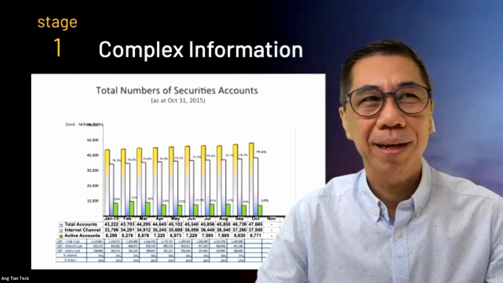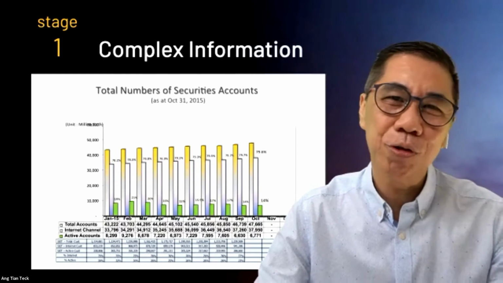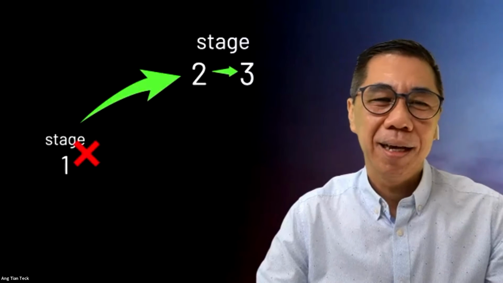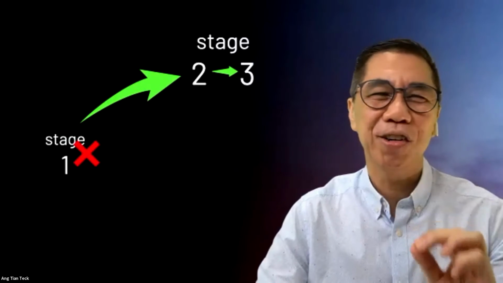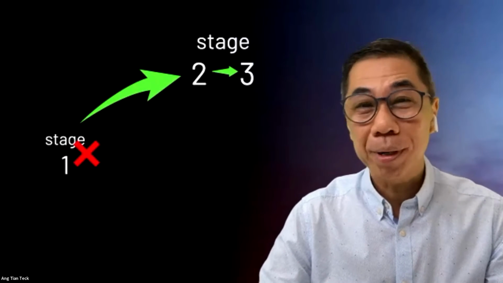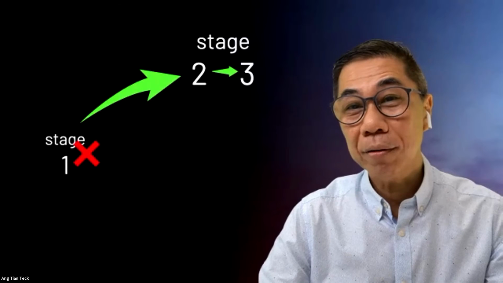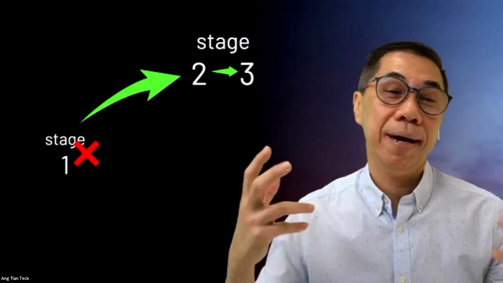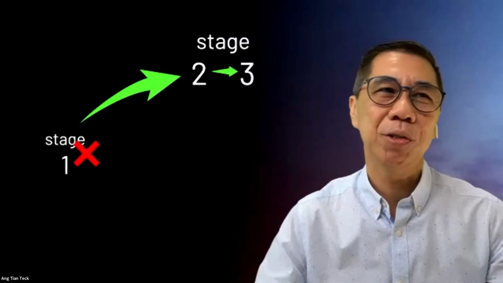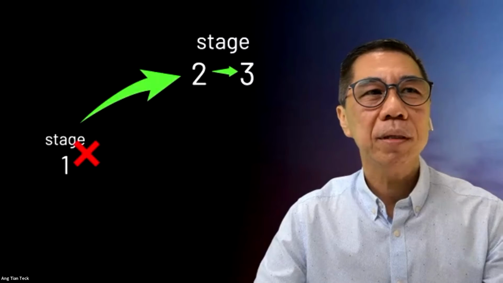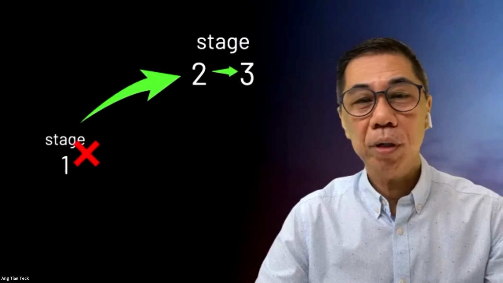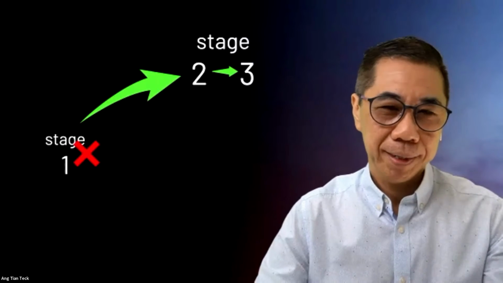This is stage 1, and these are all not good for presentation slides. Stage 1 cannot be used for your presentation. If you want your presentation to have high impact, you cannot use stage 1. You have to move it to stage 2 and hopefully into stage 3.